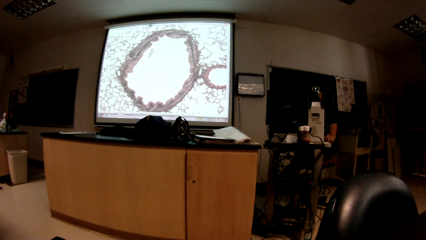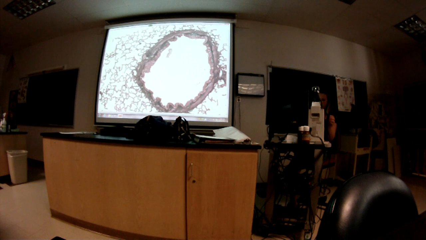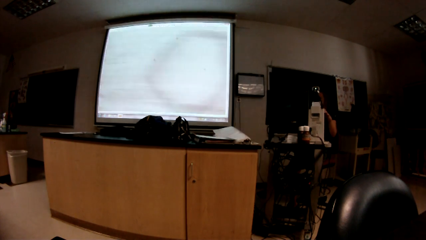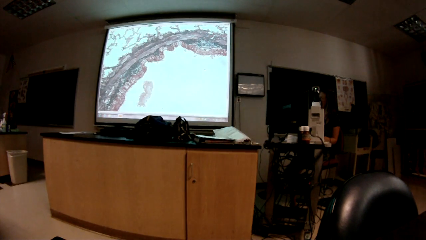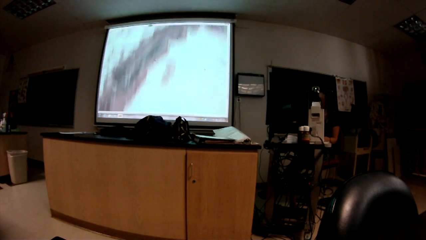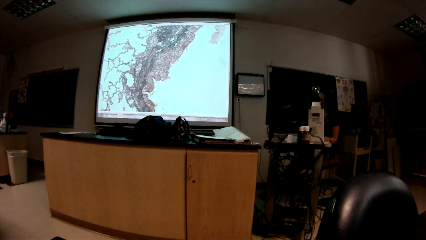All right, so here's an organ that we're looking at here, and we're going to get a little bit closer, but this is your farther away look. So you can see what the wall of it looks like.